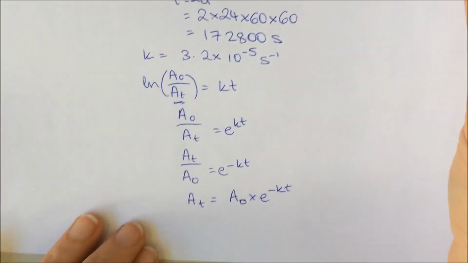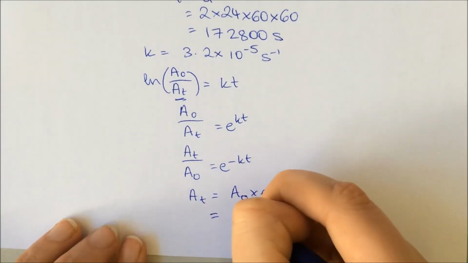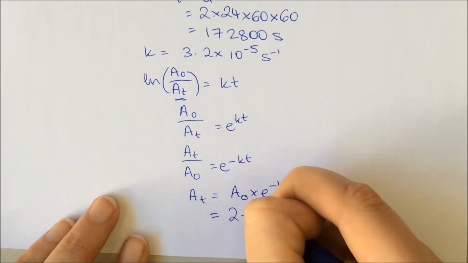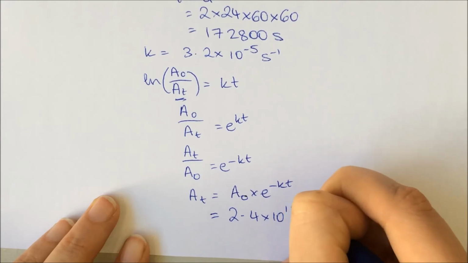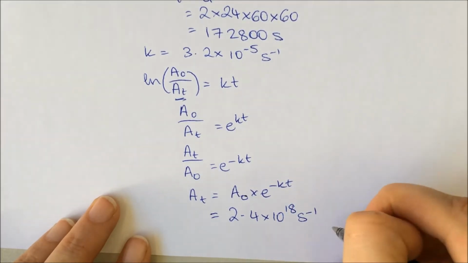Now we're at the stage where we can replace our values into this equation. So we know the activity. Let's leave the units in to make sure we get the correct units in the final answer.